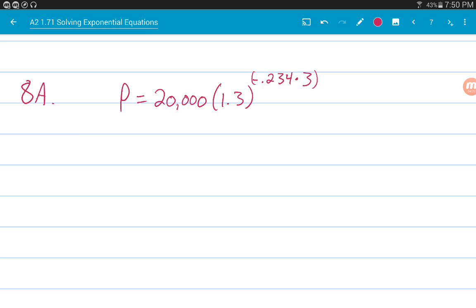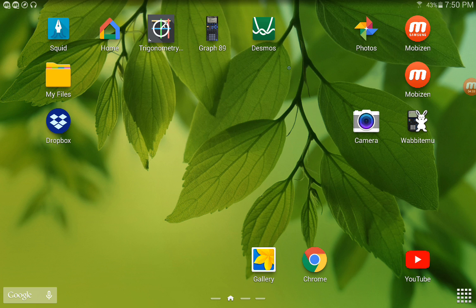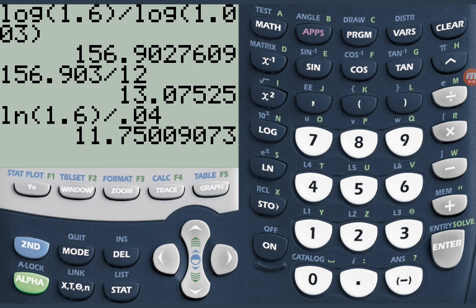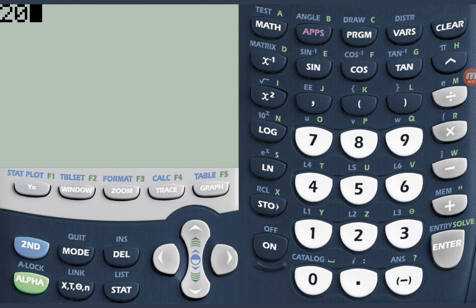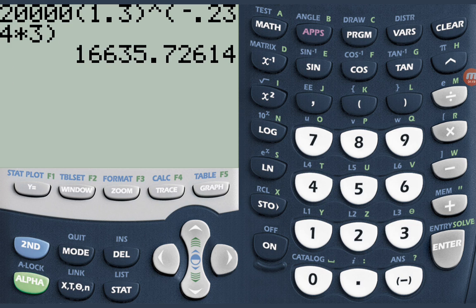I can do this all at once in my calculator if I want to. Let's see if I can remember all those numbers. 20,000 times 1.3 raised to the negative 0.234 times 3. And we hit enter.